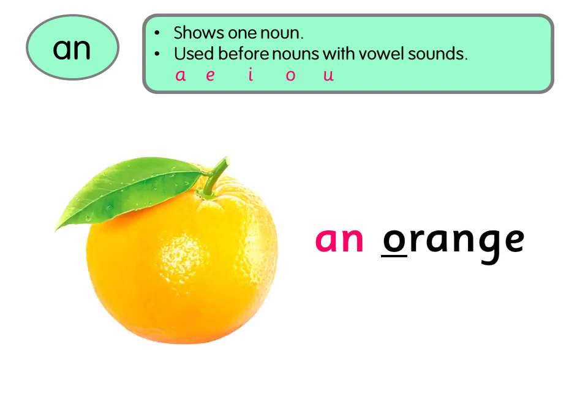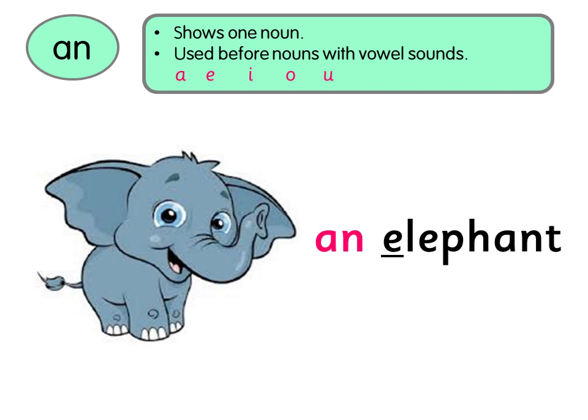Now, let's move on to the next example. What can you see here? Yes, it is an orange. The first sound is o, and there is only one orange, so we use an orange. The next example is, what is that?